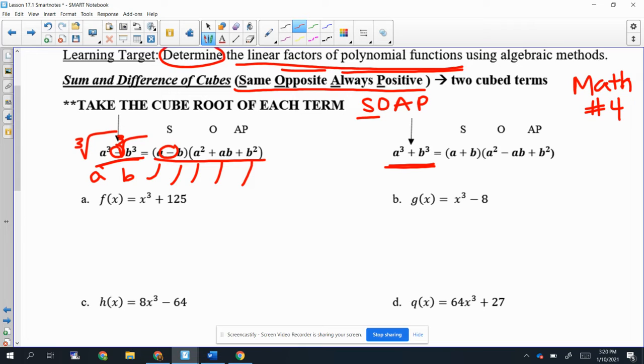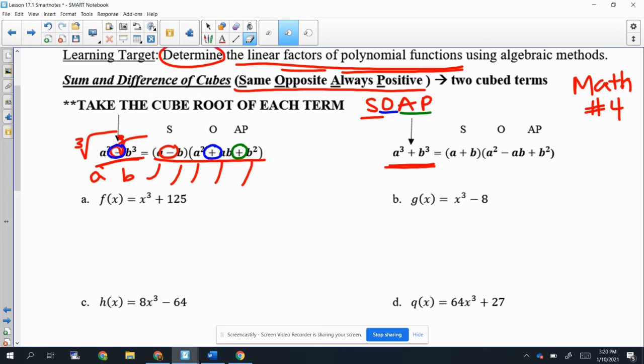Okay, then the O stands for opposite. So that means that your second sign is going to be the opposite as it was in the original problem. And then the AP, that goes together, that stands for always positive, and that means that your third sign is going to always be positive or a plus sign. Okay, so just be careful with all of that.